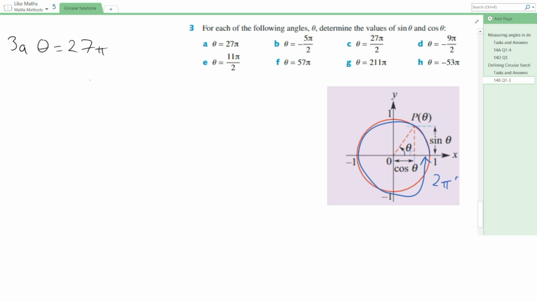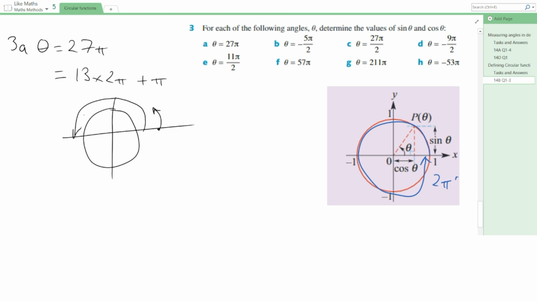So here we've got 27 pi, so we would have gone around 13 times. That gives us 26 pi plus another pi, which is halfway around. Drawing the unit circle, we've already gone around 13 times back to the beginning. Going that way, because it's positive, we go anti-clockwise, around again pi radians. That puts us over here.